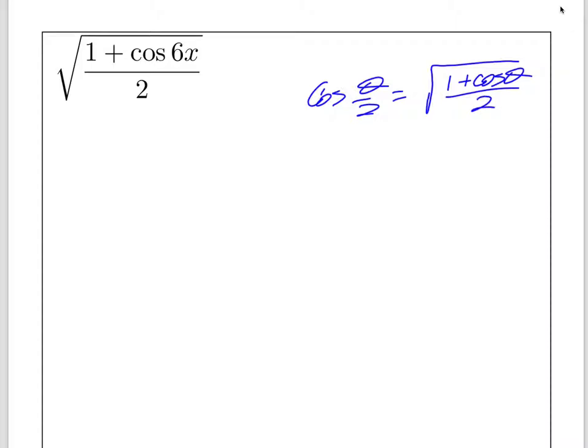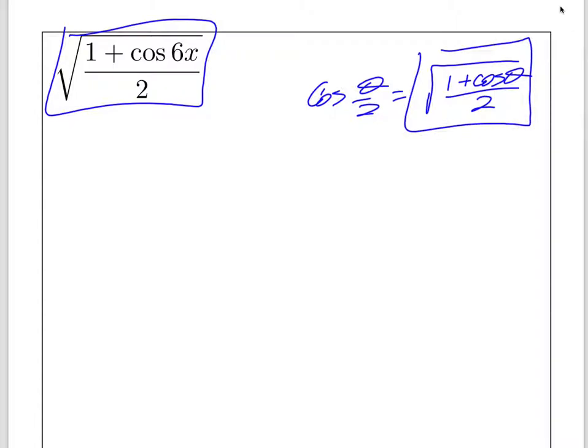So we should notice that this is in this form, and I want to take it from this form and turn it into that form. So this is going to turn into cosine of something. What is that something that should be inside the cosine, and why?